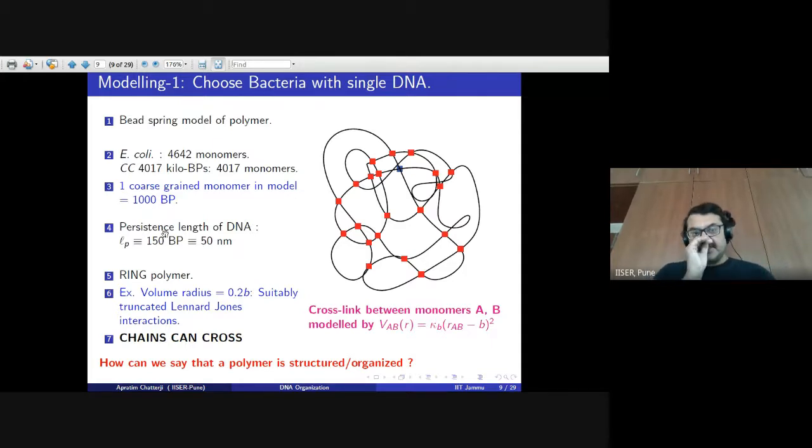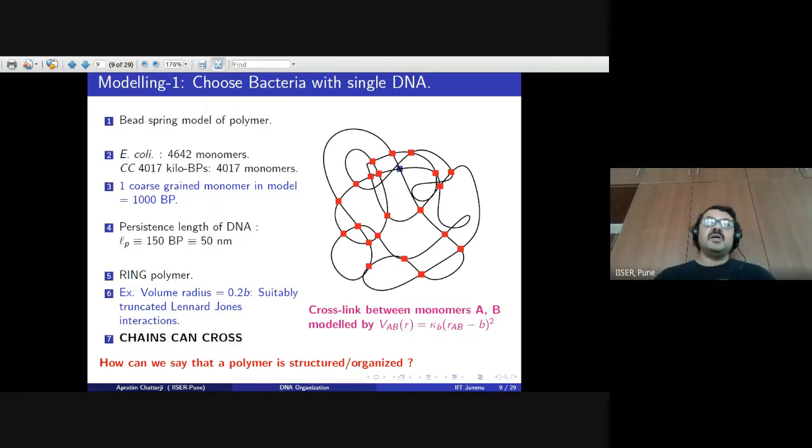The persistence length of DNA is 50 nanometers or 150 base pairs. So when we are modeling one coarse grain monomer by 1000 base pairs, we are well above the persistence length. So it is completely a valid assumption to take the DNA polymer to be a flexible polymer. We are not considering semi-flexibility.